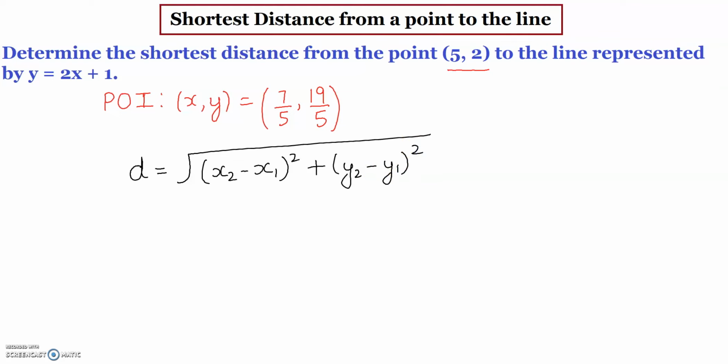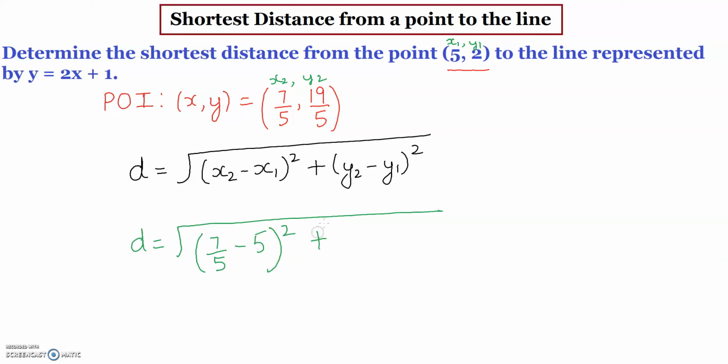So I'm going to label them first. This is x1, y1, x2, y2. Now I can substitute these numbers into the formula. x2 is 7 over 5, x1 is 5, y2 is 19 over 5, y1 is 2.